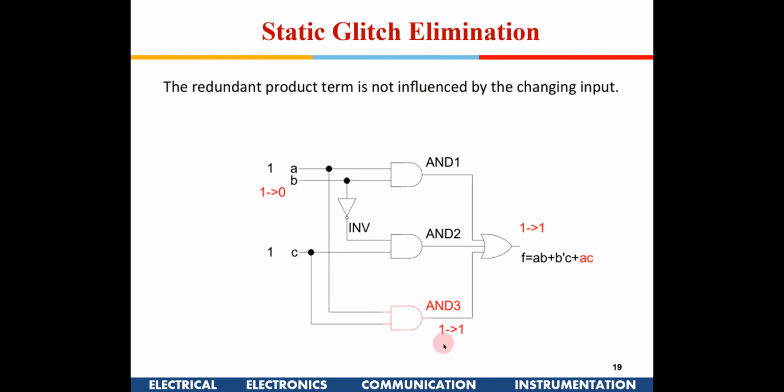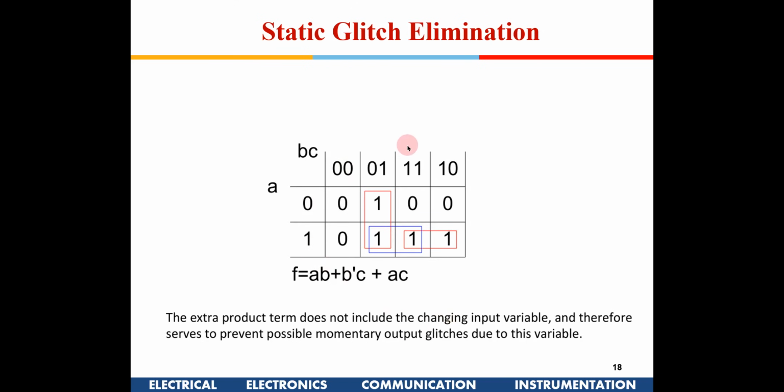So what is the penalty? The penalty is an additional gate. And where to put the additional gate? You have to refer back to your K-map, and it is not sufficient just to group all the ones, but also if there are 2 adjacent ones, they need to be covered.